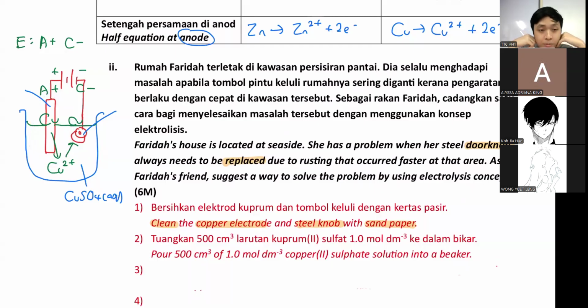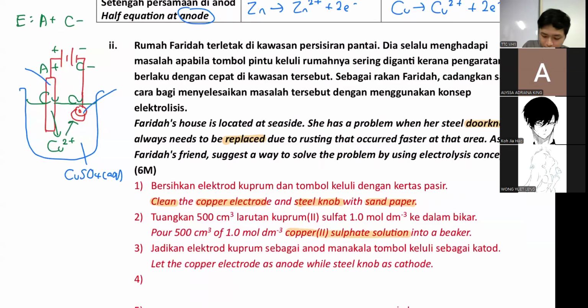You can also use silver, nothing wrong, silver is accepted. But because silver is a little bit more expensive, they normally prefer copper, which is cheaper. So you can use copper(II) sulfate solution, and you let the copper be the anode.